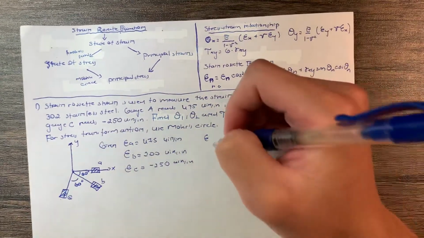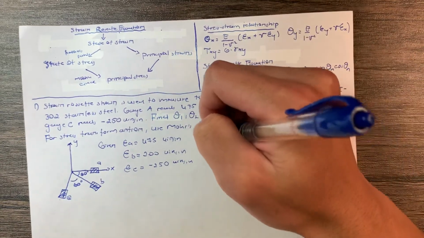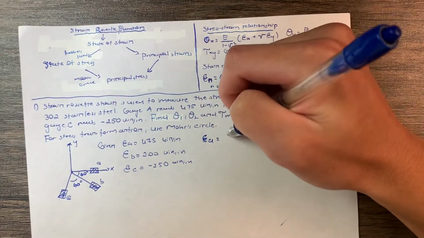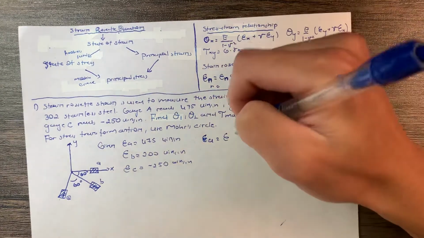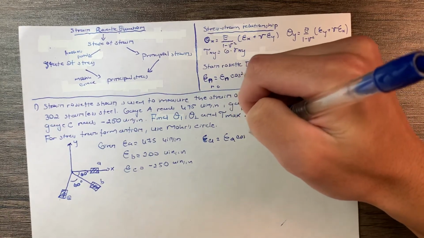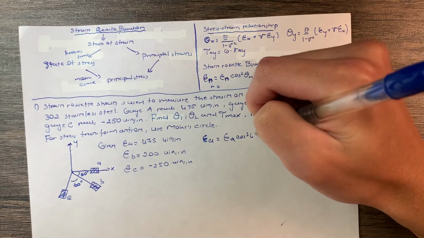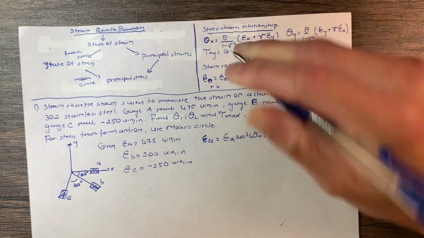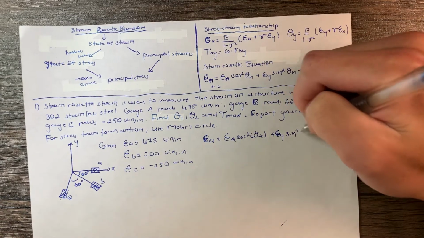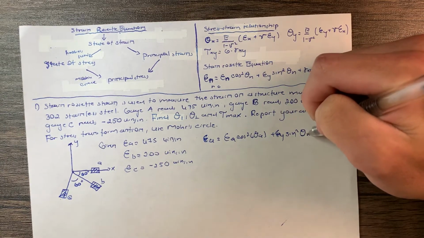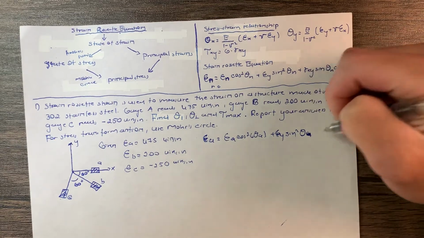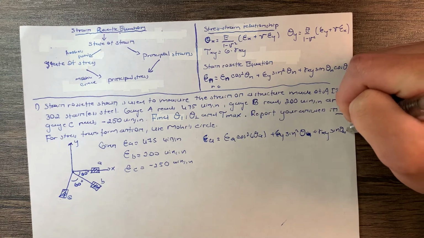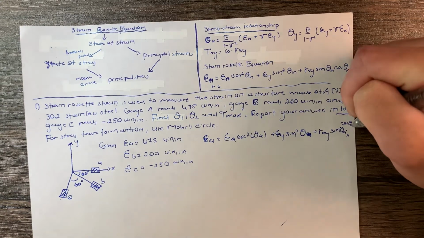So for our first one, we would have epsilon A is equal to epsilon x cosine squared theta A plus epsilon y sine squared theta A plus gamma xy sine theta A times cosine theta A.